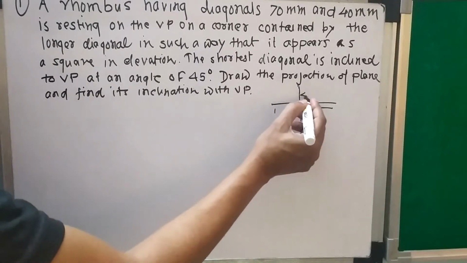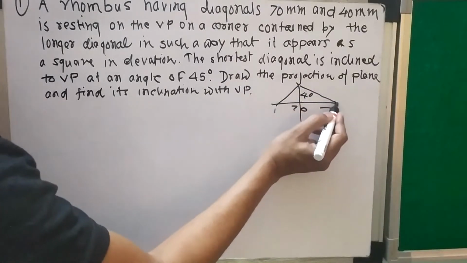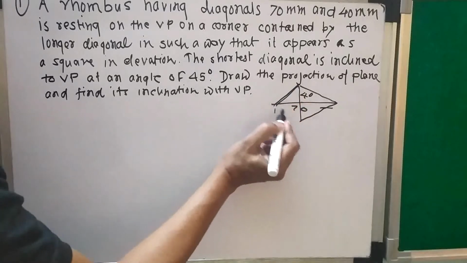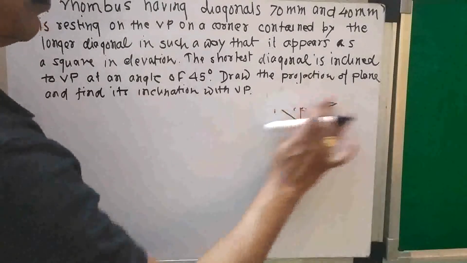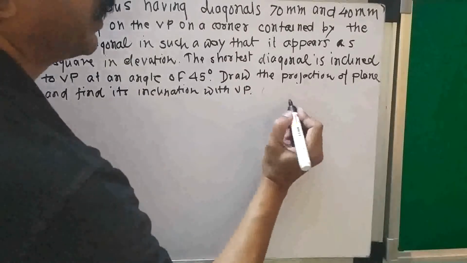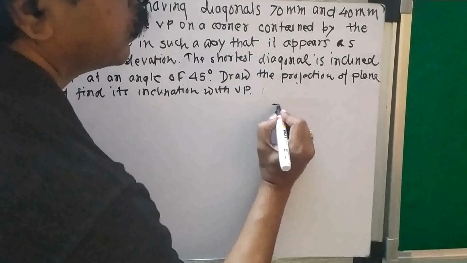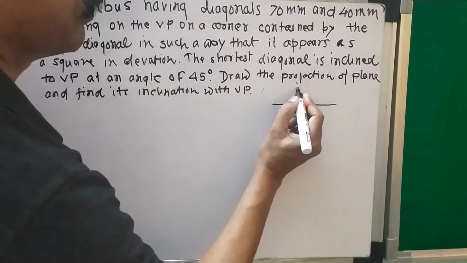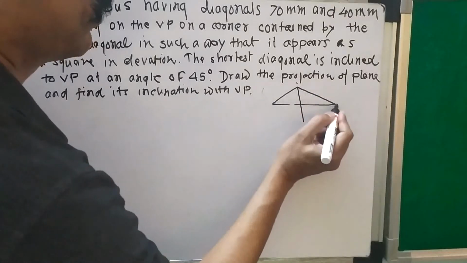So this is of 40. In this way you can construct a rhombus. So this is the rhombus of 70 by 40 diagonals.